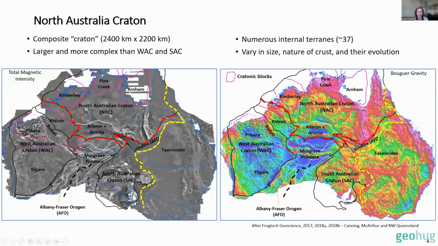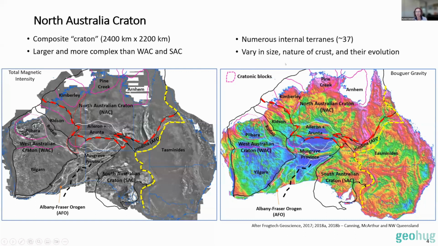So just an overall image so you can see the comparison of the North Australian Craton. It's much bigger and more complex than the West Australian or South Australian Cratons. I've just highlighted in pink here a couple of the more competent, more classic definition Cratons within that area. I had a quick count.